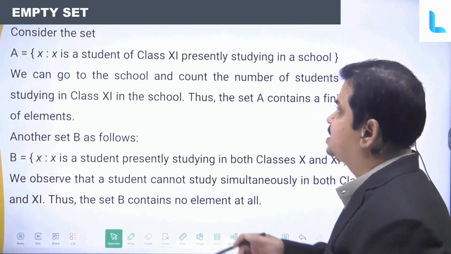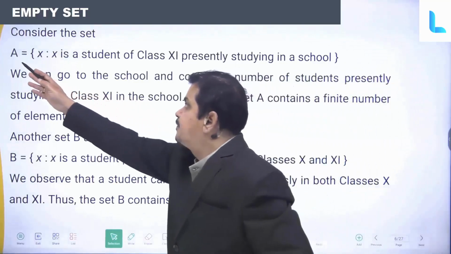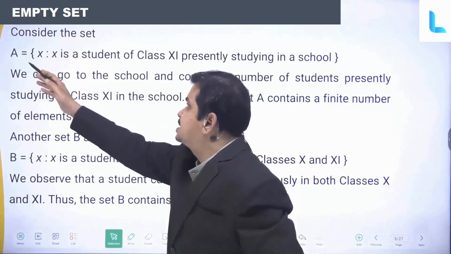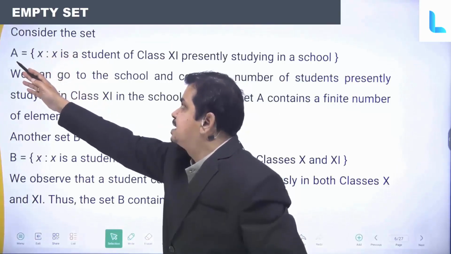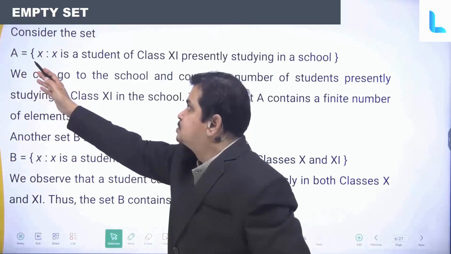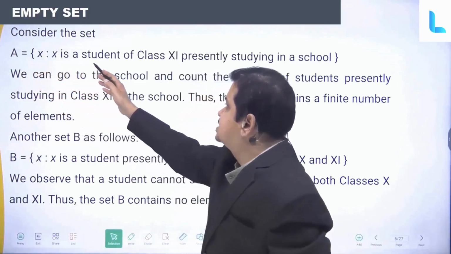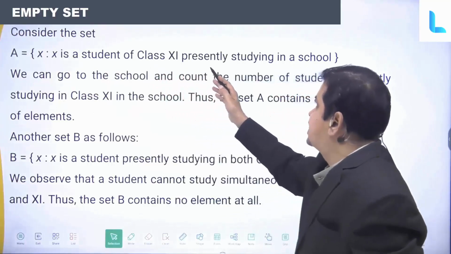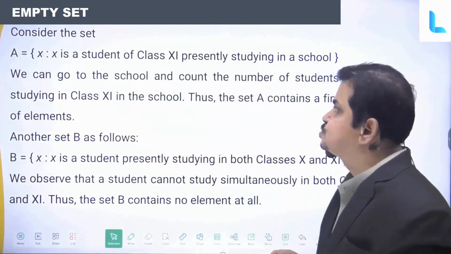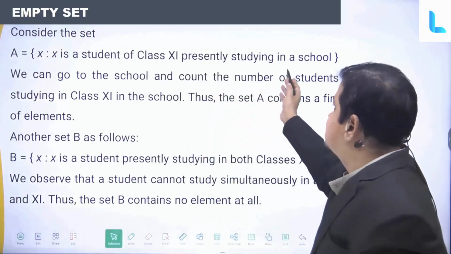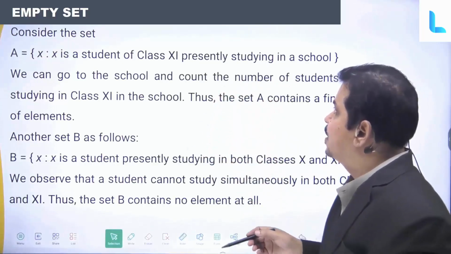To understand the meaning, we will take the first example. Consider the set A, consisting of all elements x such that x is a student of class 11 presently studying in a school. This is given in the set builder form.